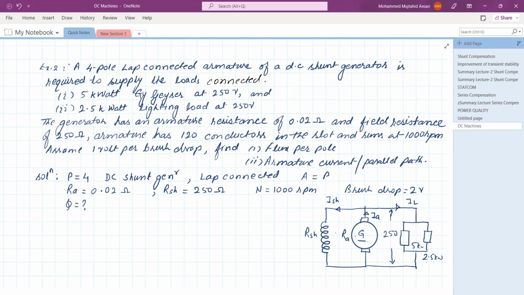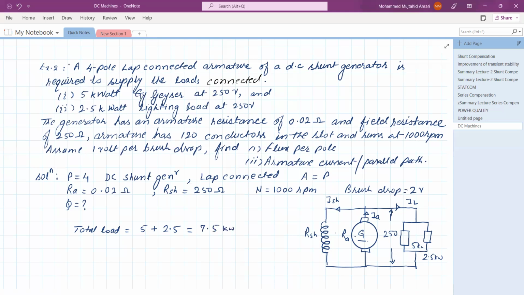So what we will do, we will calculate the current in the load circuit. Total load is equal to 5 plus 2.5 equals 7.5 kilowatt.